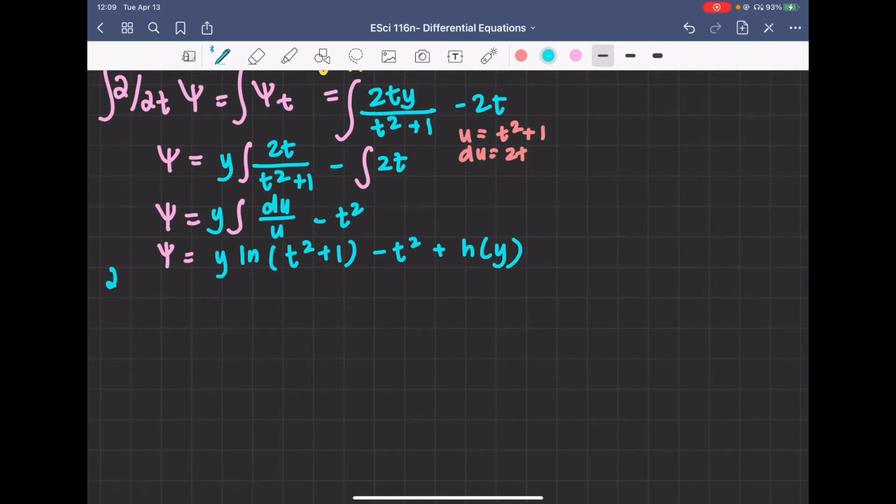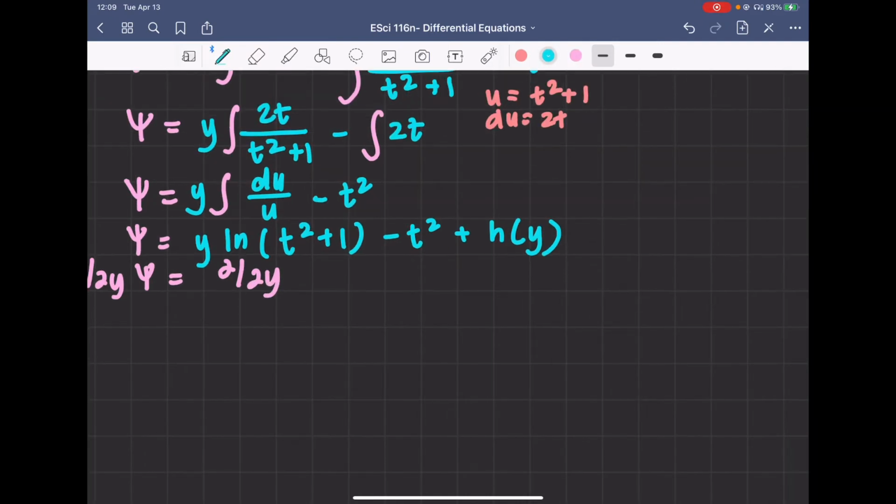So partially deriving our psi with respect to y. Copy our value for psi, that's y ln(t squared plus 1) minus t squared plus h of y.